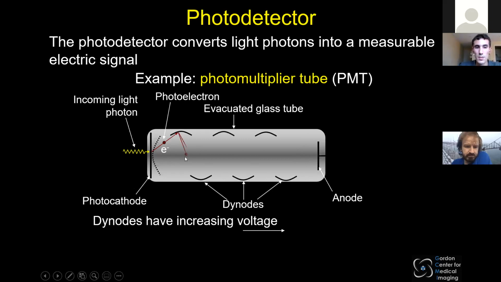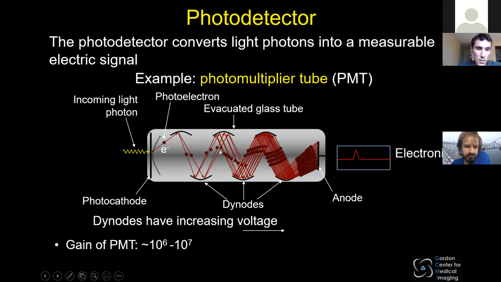And this photoelectron is then going to be guided towards the diodes and amplified based on the increasing voltage that is applied to the diodes. So between the anode and the photocathode, you have a gain of about 1 million to 10 million. Okay, so it's a pretty high gain, and that's why PMTs have been used for so long in PET imaging. It's a pretty good amplification factor.